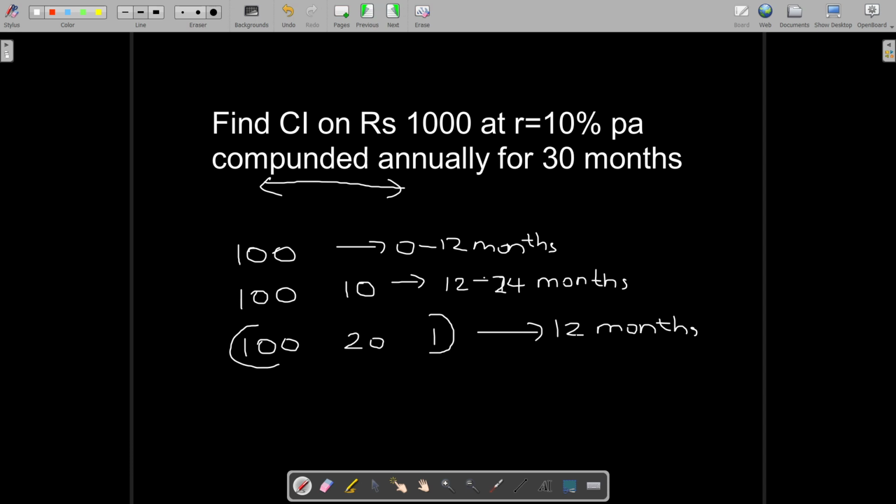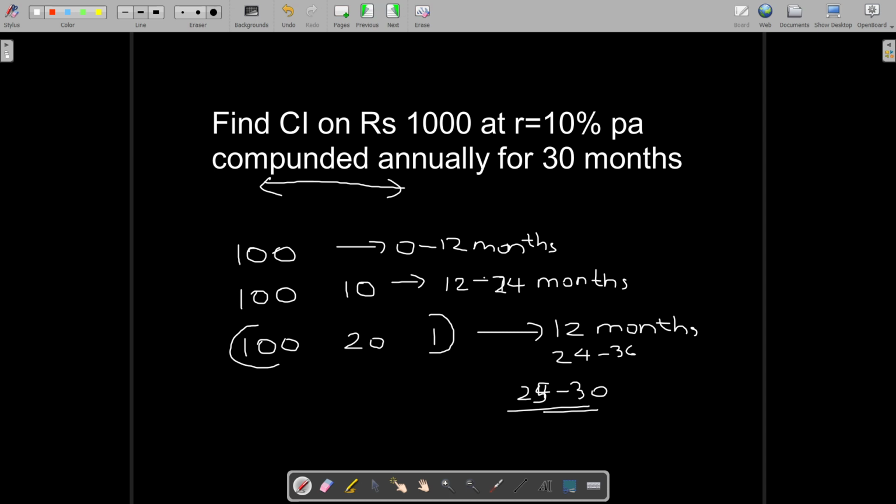Now this is the interest for months 24 to 36. You only need to find the interest for the 6 months period, which is months 24 to 30. So you have to take half of it.